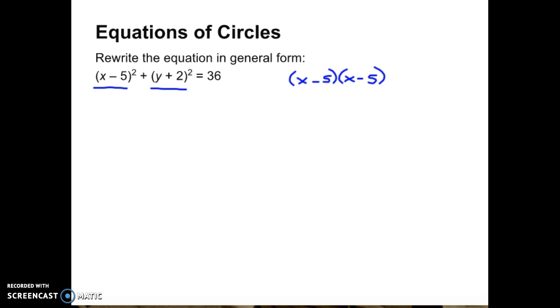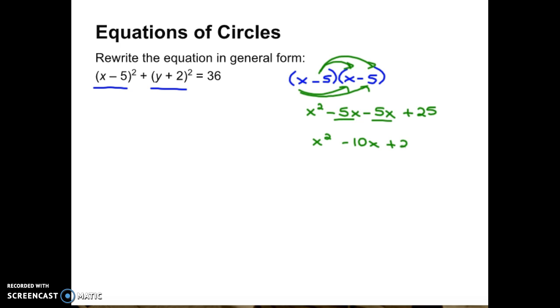If you FOIL that out, x times x is x squared, x times negative 5 is negative 5x, and then you get another negative 5 times x, and negative 5 times negative 5 at the end is positive 25. So when you combine like terms, you end up getting x squared minus 10x plus 25.